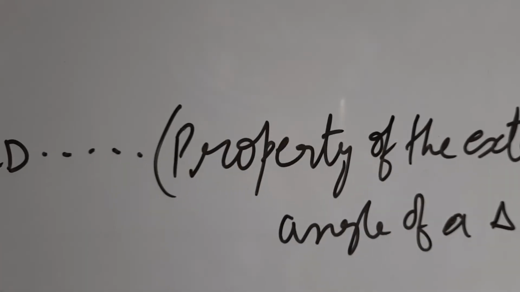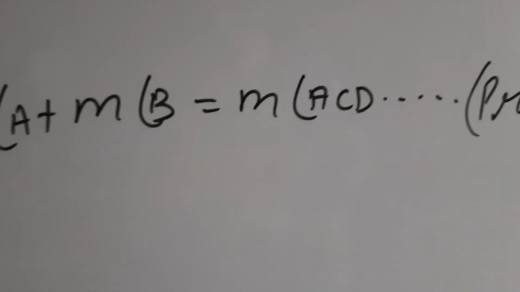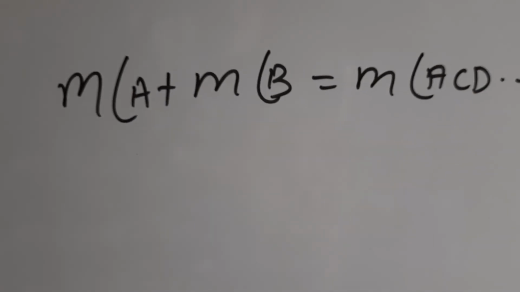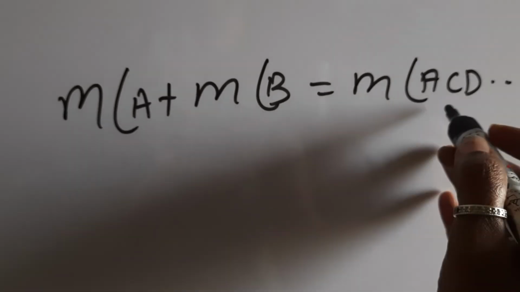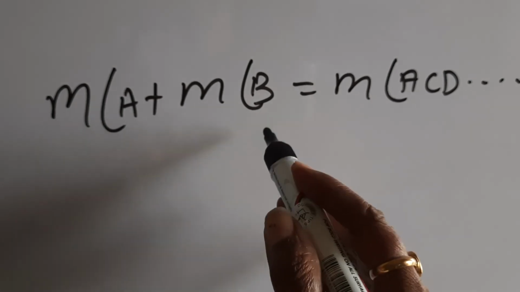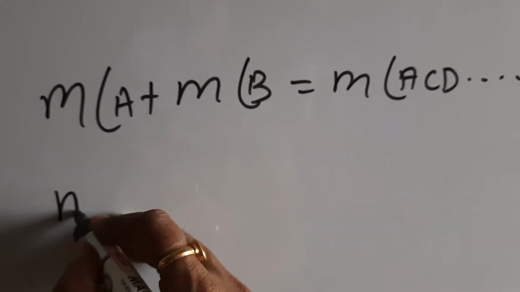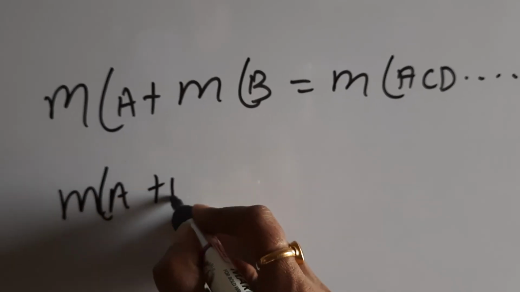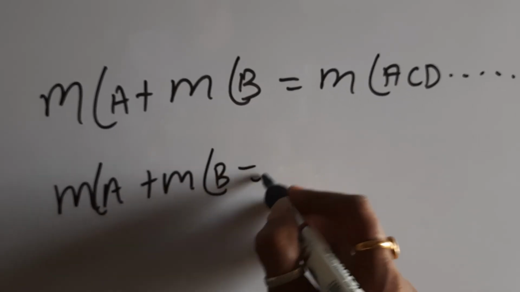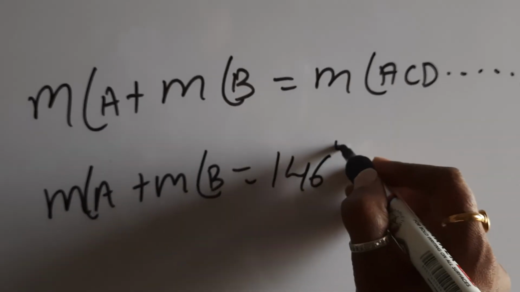You can just put the symbol of triangle, which is allowed in mathematics. Measure angle A plus measure angle B equal to measure angle ACD. Therefore, measure angle A plus measure angle B, ACD is how much? 146 degree. So measure angle A plus measure angle B equal to 146 degree.